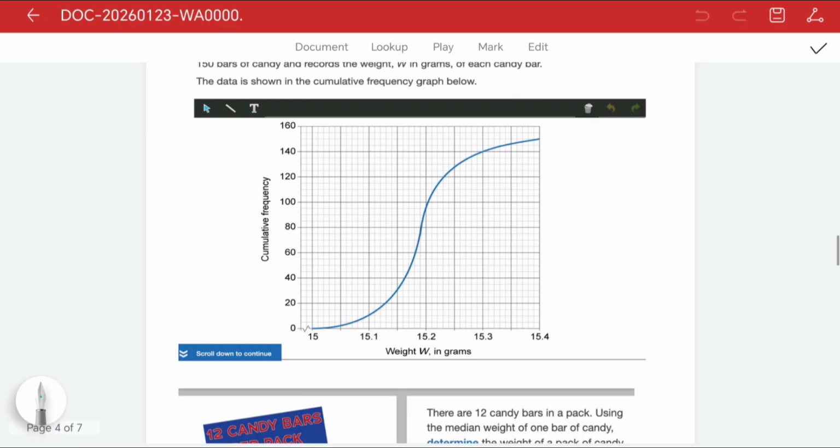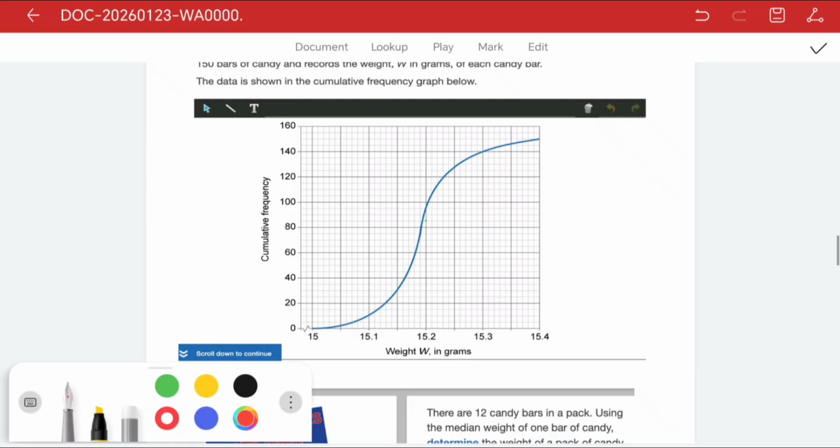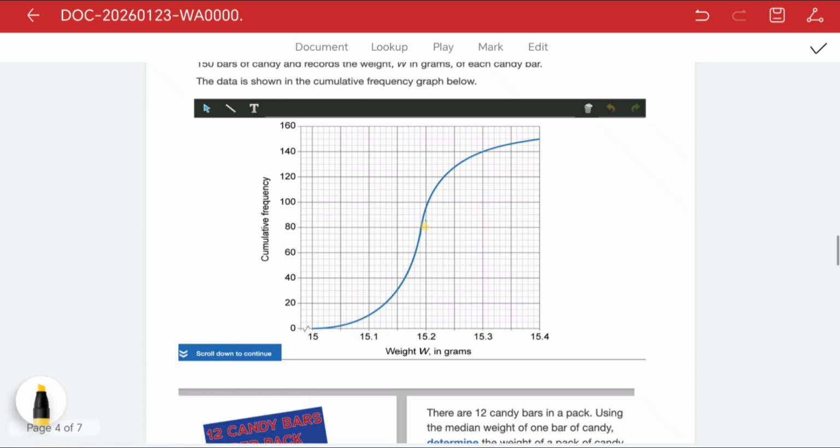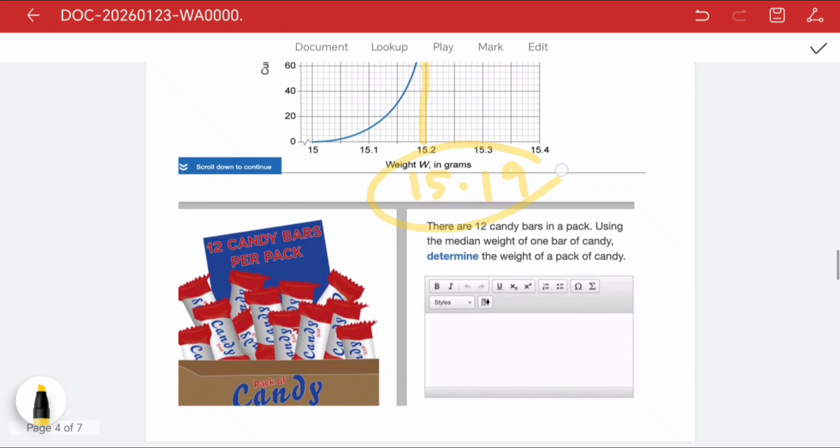So this is the graph, this is the median, almost this one, 15.19 or 15.2, like that. So we can consider 15.19 the median.